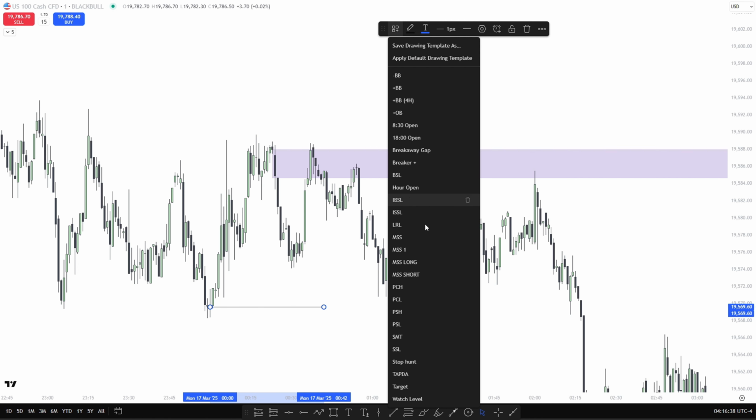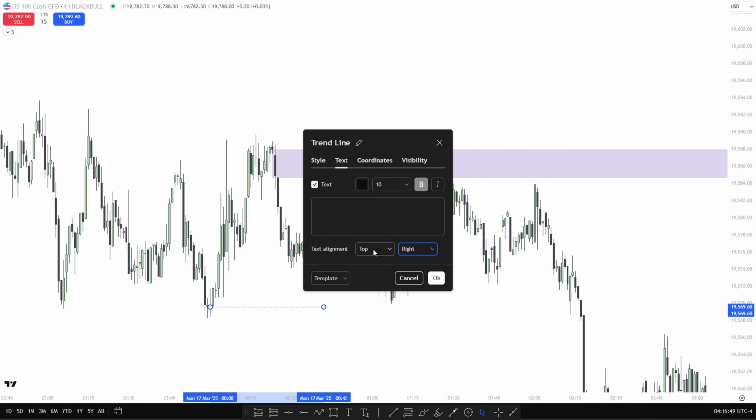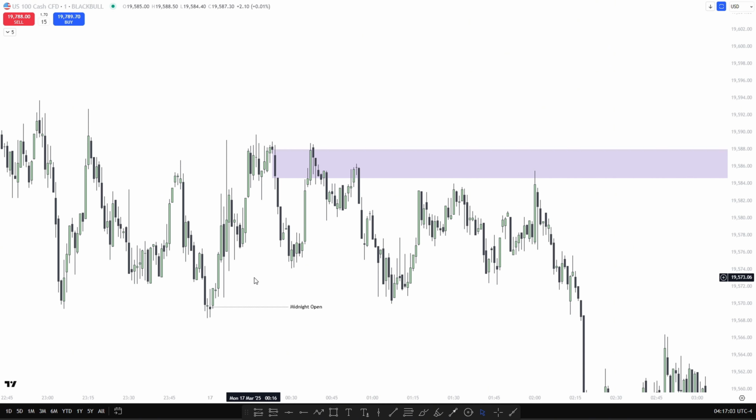and let me do it like this. Midnight open until here, 12:30 a.m. So that will be from midnight, so 12 a.m. to 12:30 a.m. In this range, what you want to do is find the lowest and the highest point of the range.